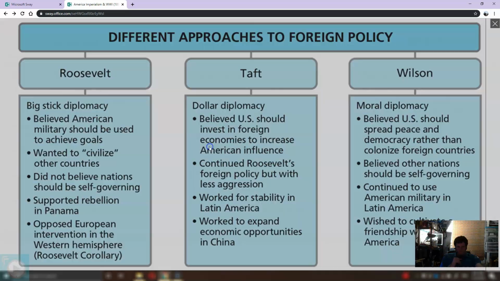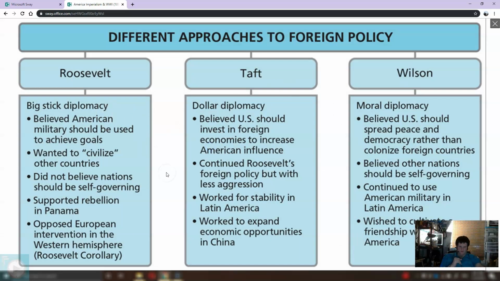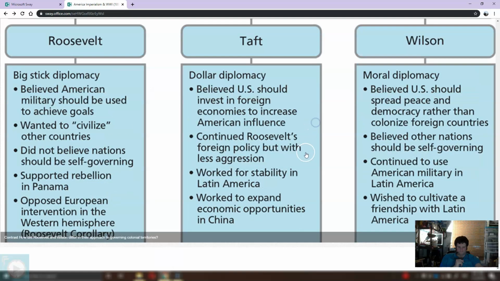So I recommend reading over this chart on your own time because it really gives you the idea of what the different approaches are. In fact, this chart is probably the best one you'll get for seeing the difference between Roosevelt, Taft, and Wilson. Three different presidents, three different mentalities, often carried out the same, executed in a similar manner.